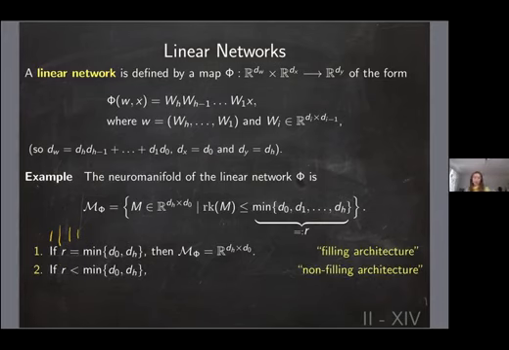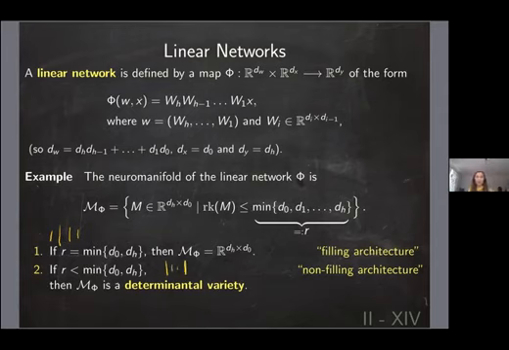Geometrically, maybe the more interesting case happens, though, when this rank is smaller than either the size of the input or the output layer. So that would be something, for instance, like an autoencoder, right? This would be like a network that maybe looks like this.